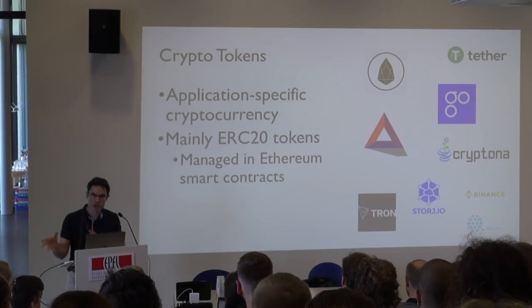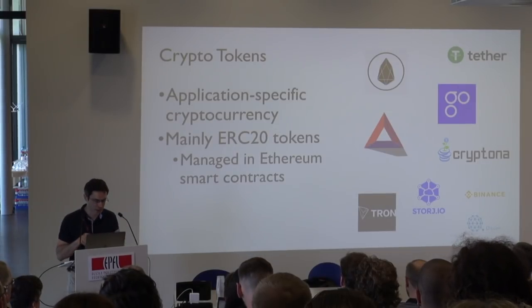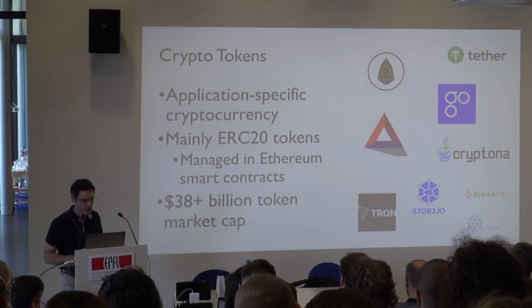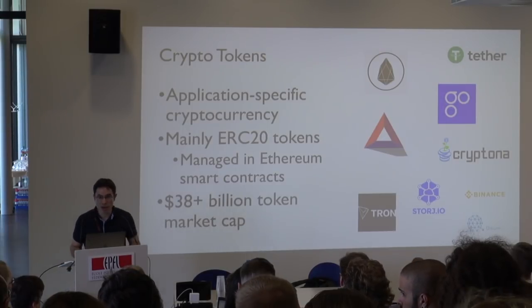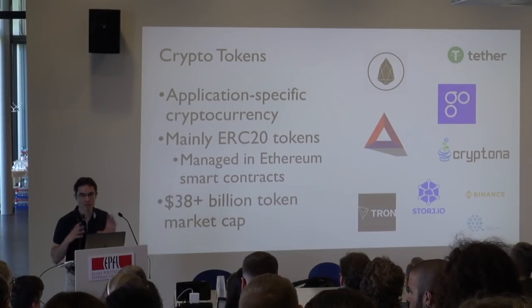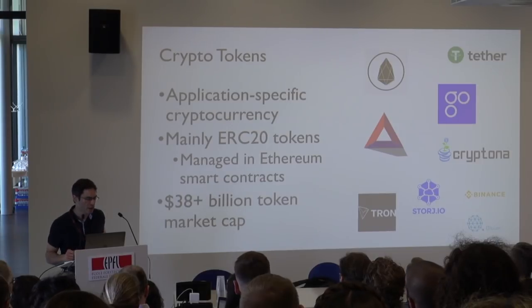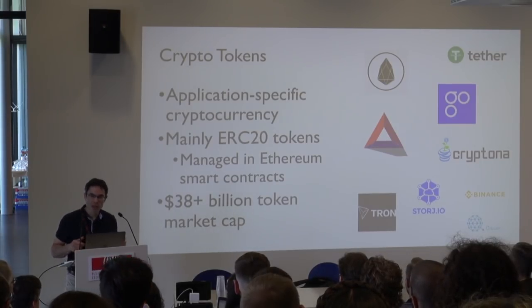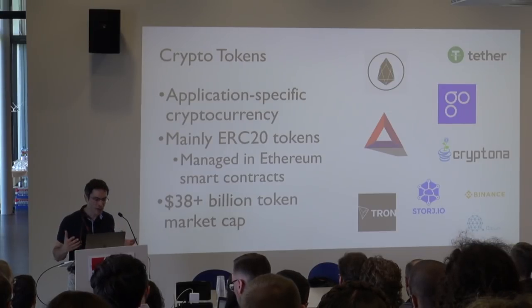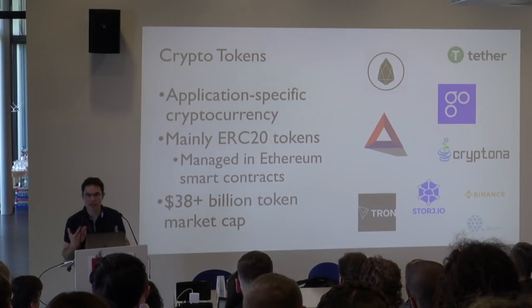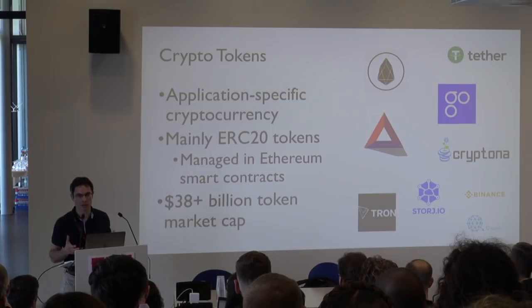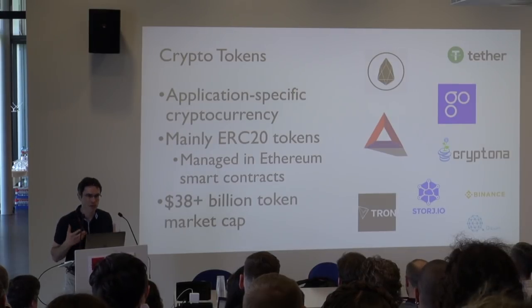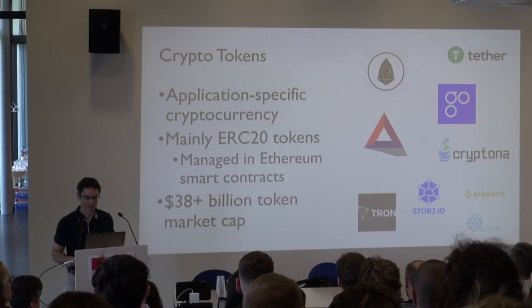Their creation, their transfer, and so on and so forth are governed by these pieces of code. And again, the vast majority of these things are running on or managed by smart contracts in Ethereum. Tokens themselves, in the aggregate, have a market cap of something in the neighborhood of $40 billion. So they're worth almost as much as Ethereum itself.